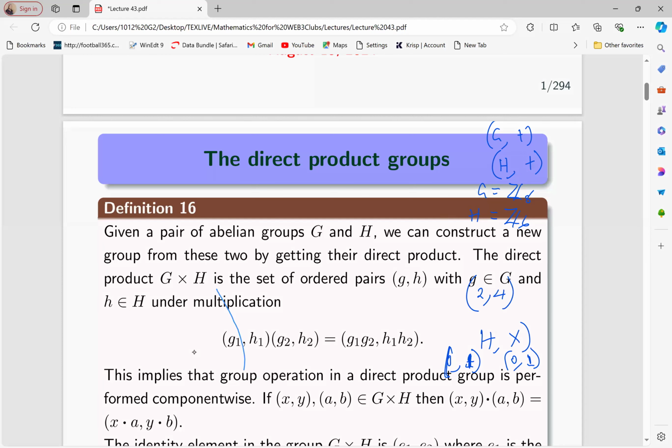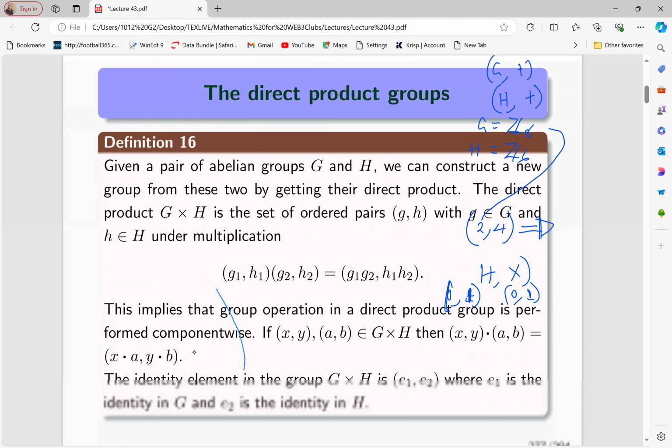If I was to get the inverse of this element, I would get the inverse of 2 in Z8, then get the inverse of 4 in Z6.